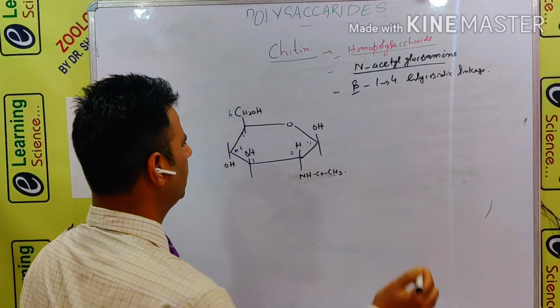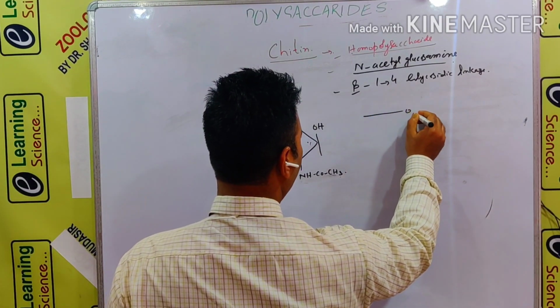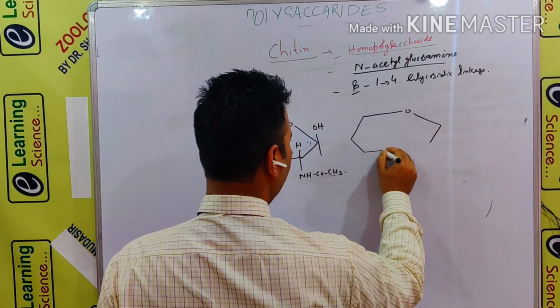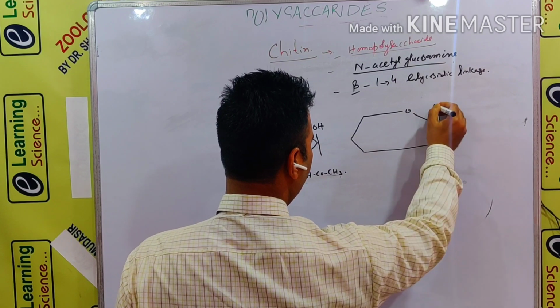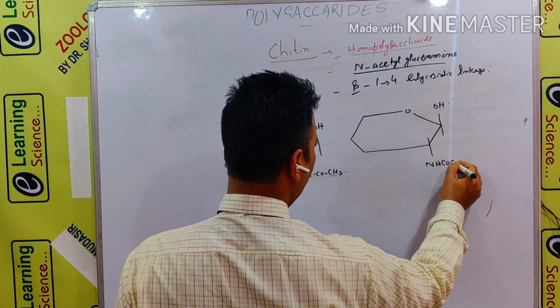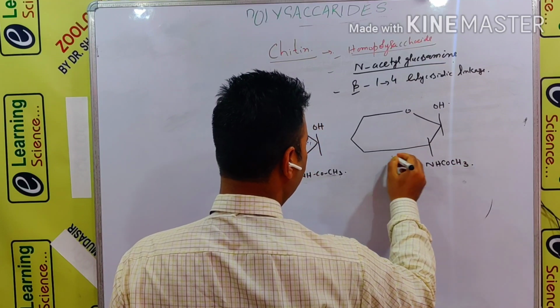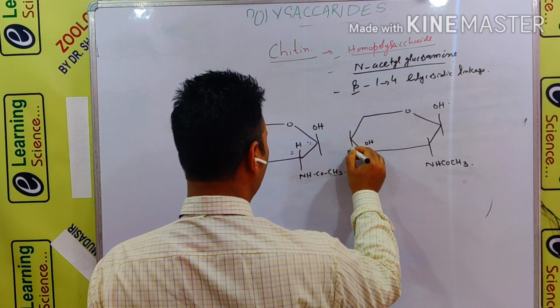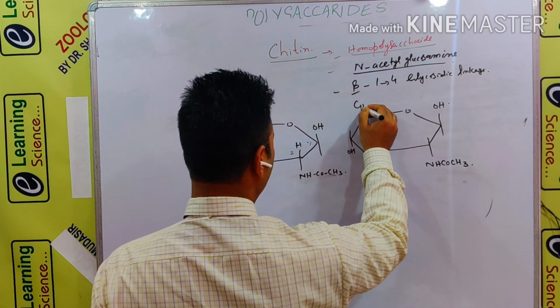A repetition of this. Again, we can make one more N-acetyl glucosamine to make the illustration. It is beta, on this side. Here we have the NHCOCH3 group attached, and here we have CH2OH.